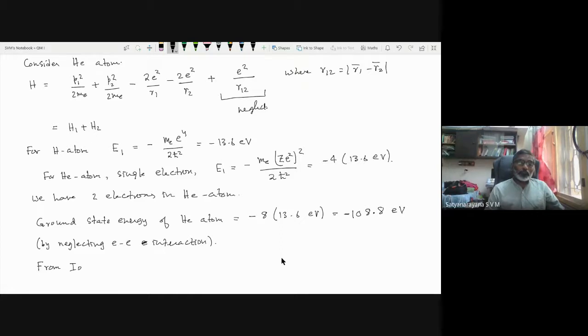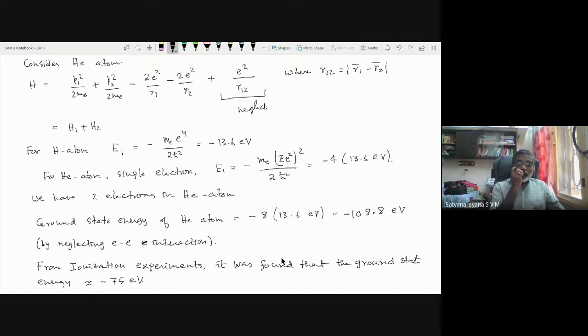From ionization experiments, it was found that the ground state energy is around minus 75 electron volt, minus 74.8 or something like that.